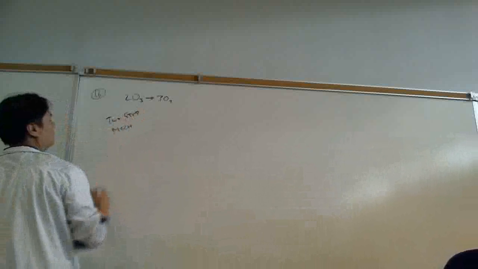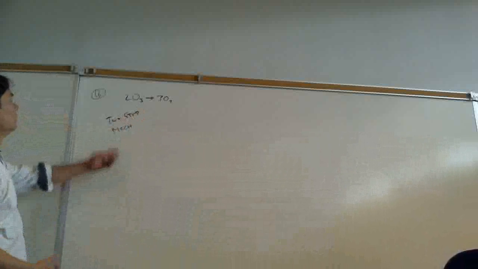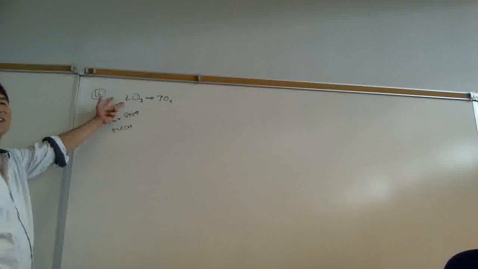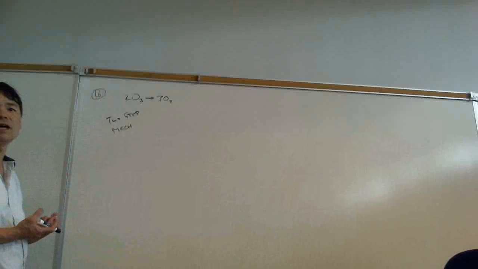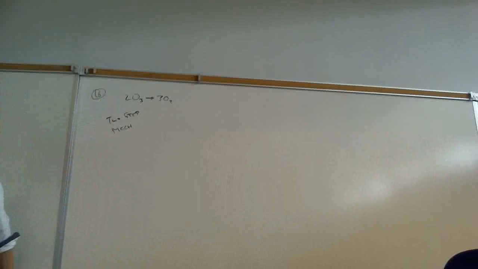Looking at this, it could be a one-step mechanism, right? A one-step mechanism would be two ozones, a bimolecular collision. If this were a one-step mechanism, what would its rate law be? k[O3] squared.